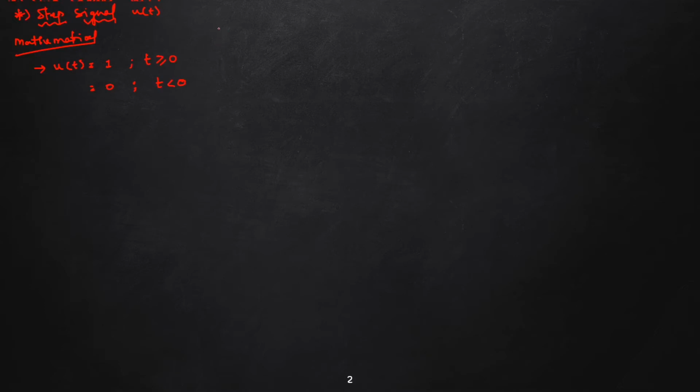Now we will graphically try to represent this. This is the time axis and this is the signal x of t, where x of t is equal to u of t, as we are drawing for u of t. Its value will be equal to 1 when t is equal to or greater than 0.